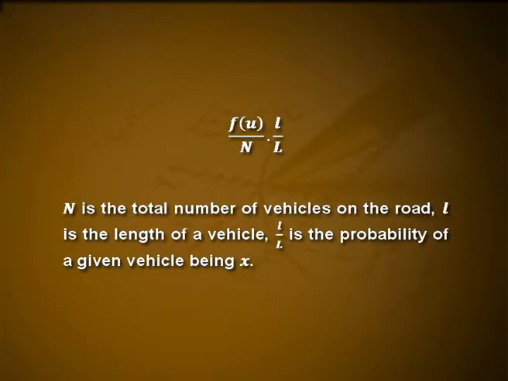In fact, the probability of finding a vehicle at x at speed u is f of u by n into l by L, where n is the total number of vehicles on the road and small l is the length of a vehicle. Small l by capital L is the probability of a given vehicle being at x.